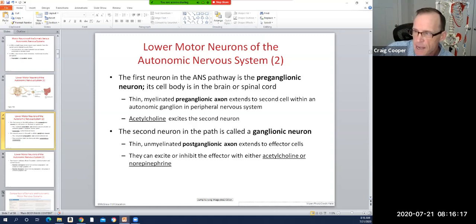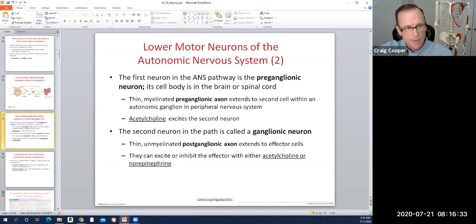At our first synapse, the acetylcholine is always excitatory. So when it is released in a large enough amount, it is going to cause the next neuron, the one in the ganglia, to become excited and depolarize to pass the message on. When we get to the end of the second axon, at the target tissue, it depends on what type of receptor we have and what effect we're after.